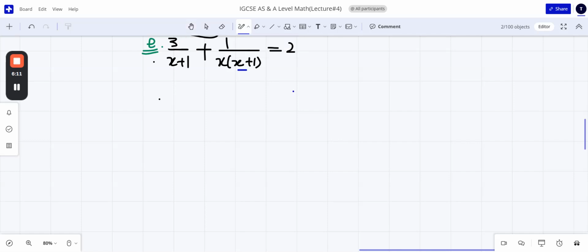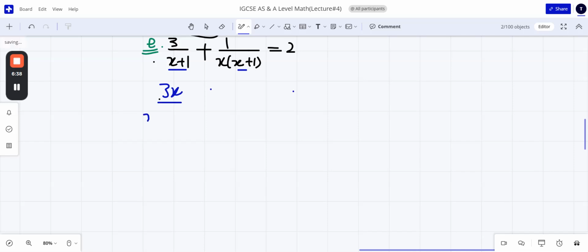Part E is 3 over x plus 1 plus 1 over x into x plus 1 equals to 2. Again we have a rational equation, so first we need to simplify it into a quadratic equation. For the denominators we have x plus 1 and x into x plus 1. Only one thing is missing here, which is x. So we just need to multiply the first fraction with x.